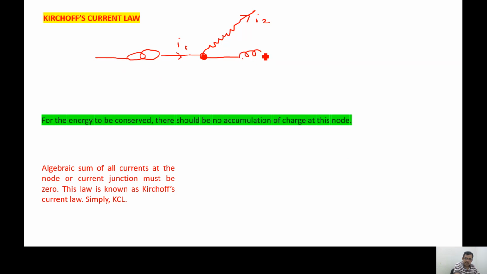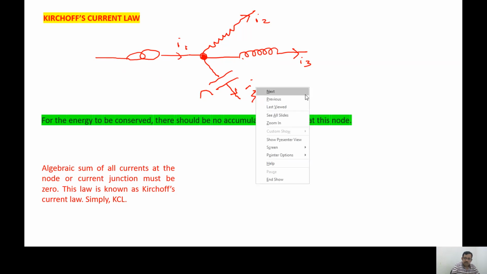So this is my inductor, and this is my capacitor, I4. Okay, let me make sure that you understand this carefully.